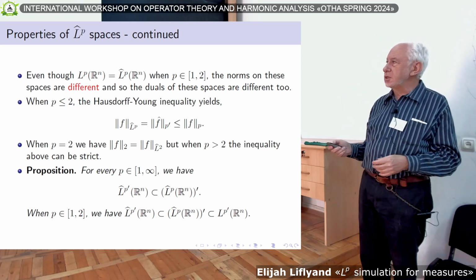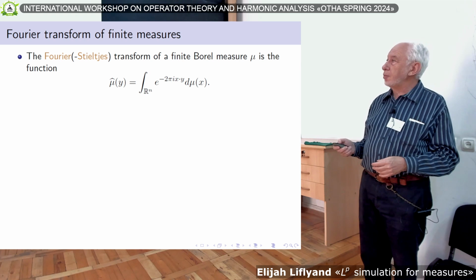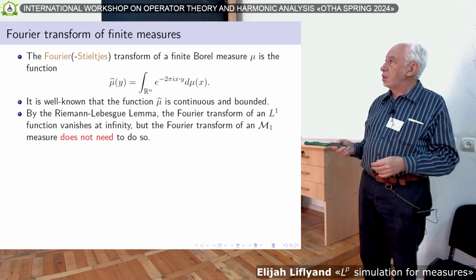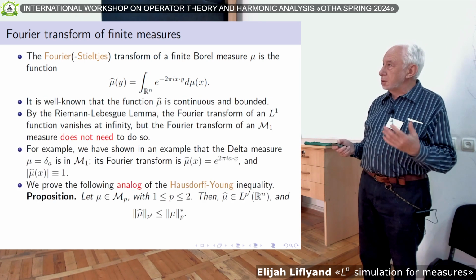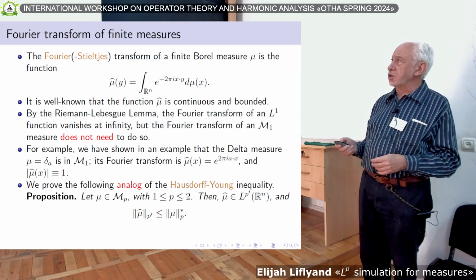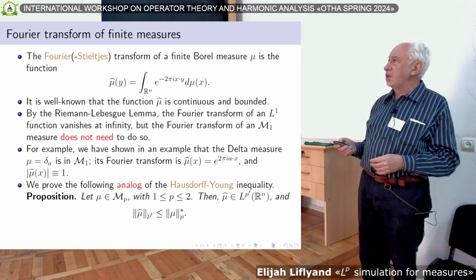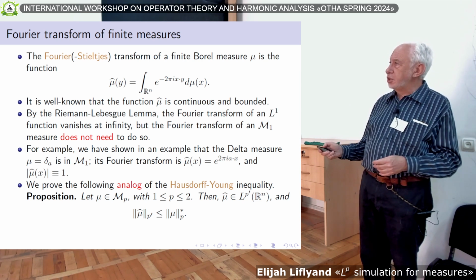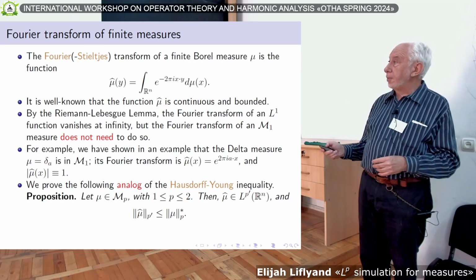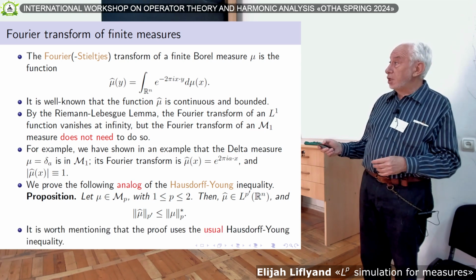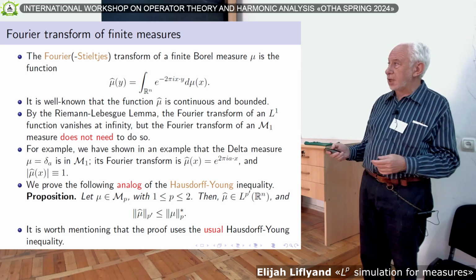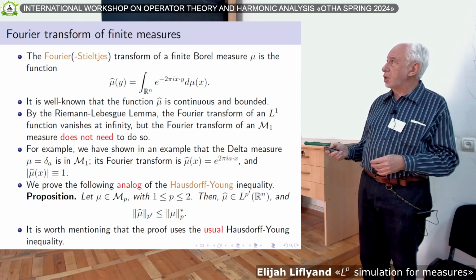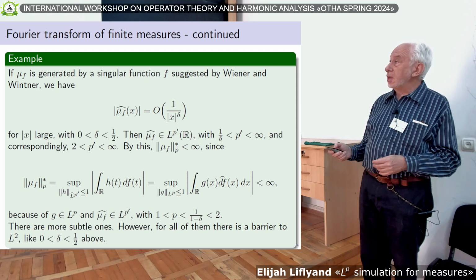We consider the Fourier Stieltjes transform of measures, and here is this Hausdorff-Young inequality for measures. We use this norm, otherwise we cannot.